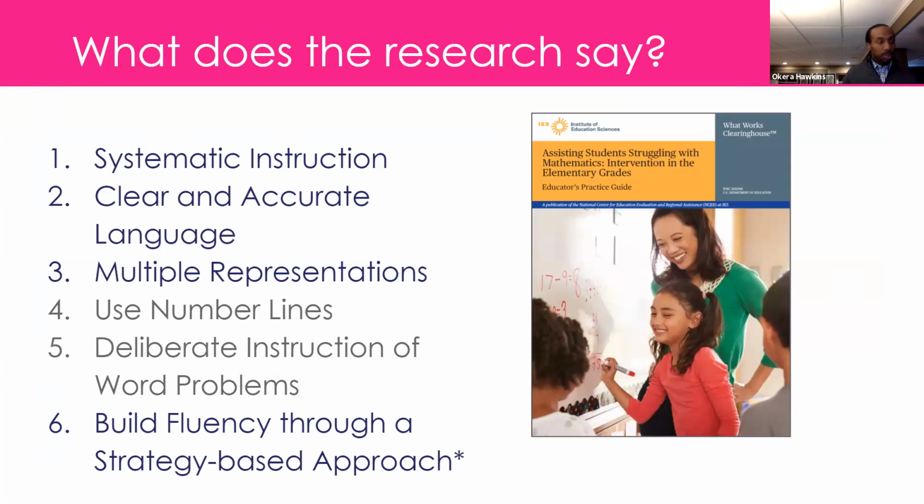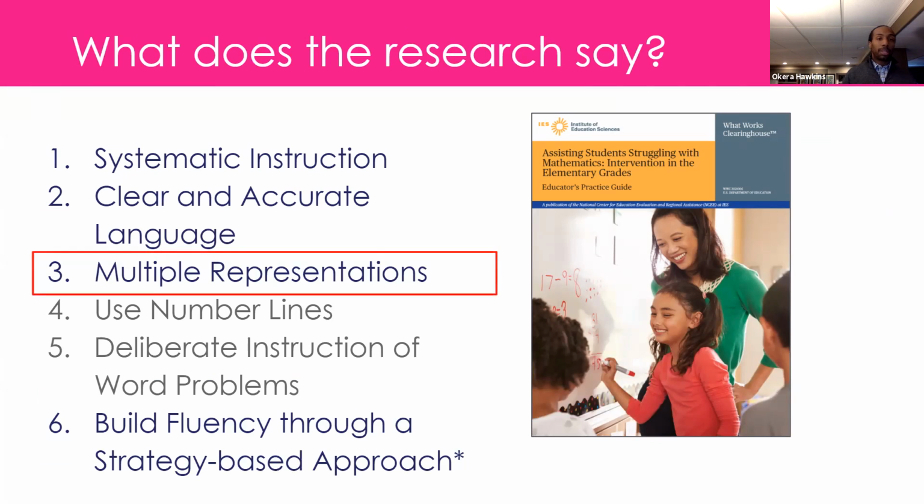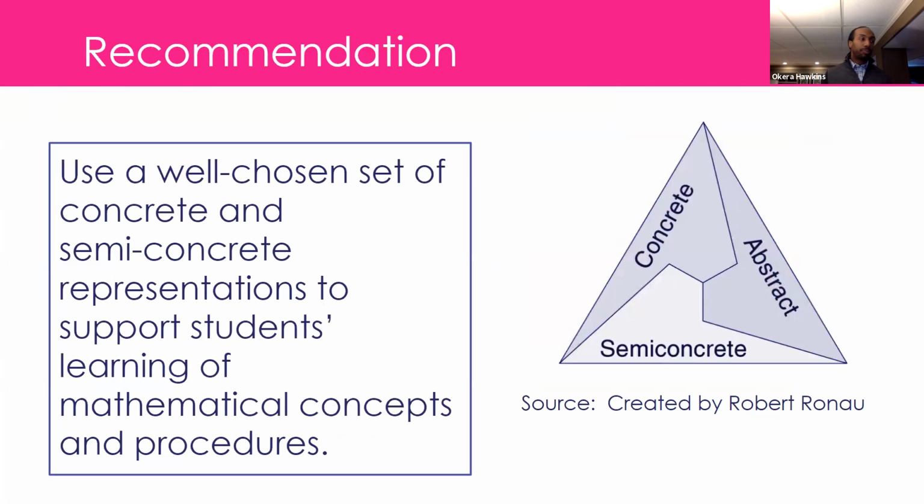All right. So as we jump into our third recommendation, which is multiple representations, we want to look at and think about a well-chosen set of concrete, semi-concrete representations to support students' learning of mathematical concepts and procedures.